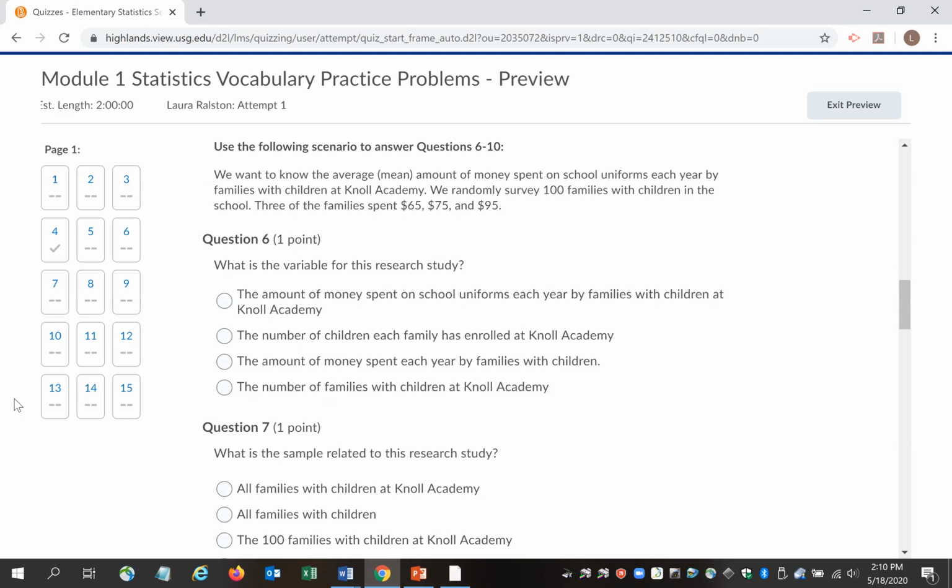Do we answer it on our own thing and then submit it? The practice problems are not graded, so you can answer it there and then submit it. It'll be fine. It won't count against you. It won't hurt you either way. How many times can we take the practice? You said those are unlimited? Unlimited. Okay.